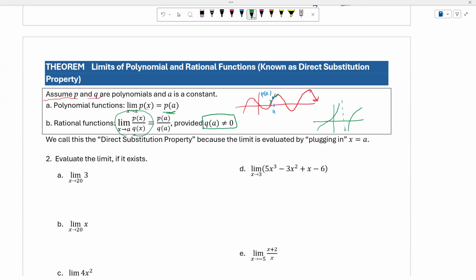So again, in this case, as long as A is within the domain of the function, you could use direct substitution to work out the problem. It will be P of A divided by Q of A.